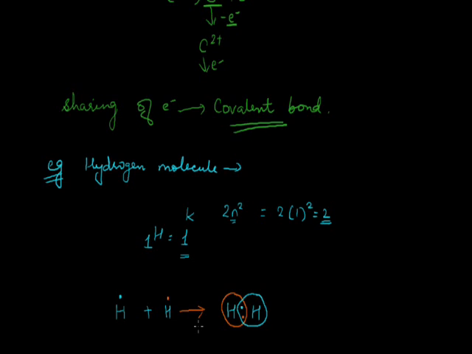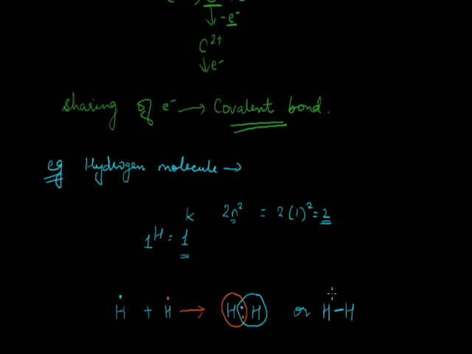So in this case the bond will be formed by sharing of a pair of electrons, and we can also represent it like hydrogen bonded with hydrogen. This bond is represented by a dash. When we are making a single dash between atoms, this shows that there is a sharing of a pair of electrons, that is a single covalent bond is formed.